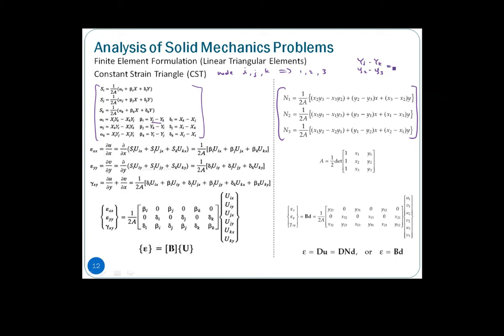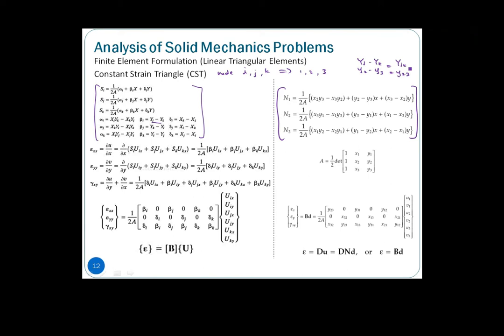Later this can be simplified and written as Y23, and similarly for the others.